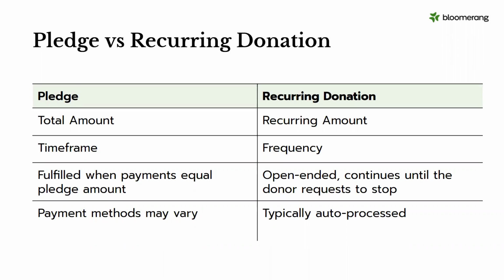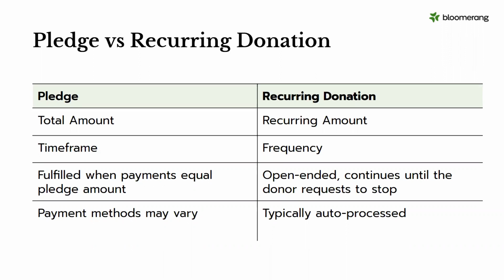For pledges, the payment method typically varies. For larger amounts, you may be receiving a check. For smaller amounts, maybe they might give you their credit card and have it processed on schedule. For recurring donations, because it happens so frequently, typically these are auto processed.